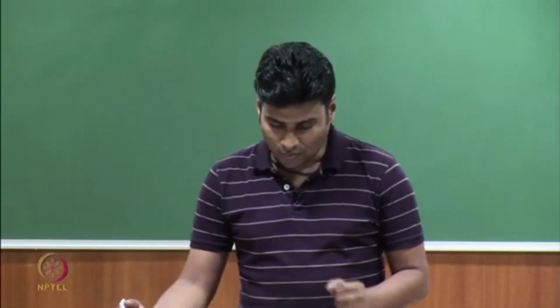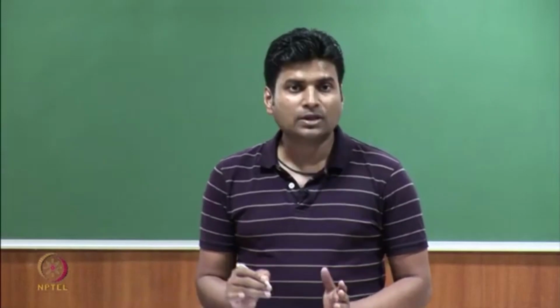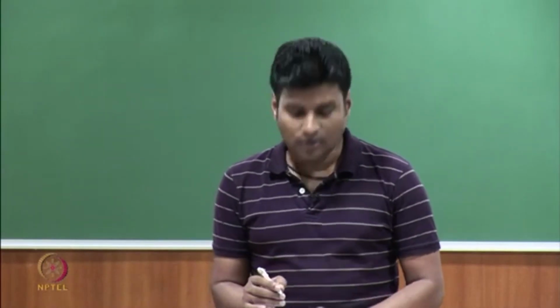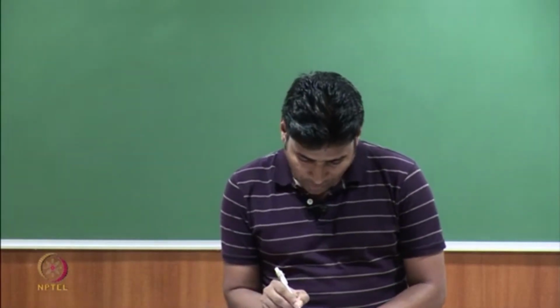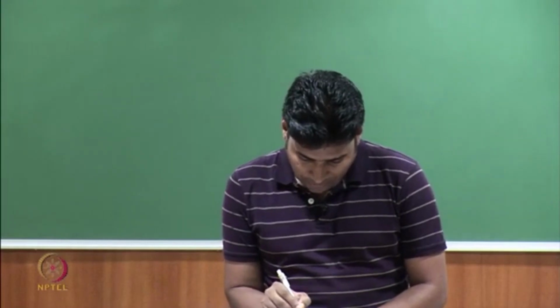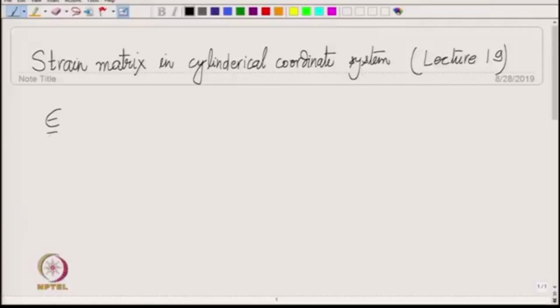All right. So, let us begin with the definition of the strain tensor. You can recall from the earlier lecture that the strain tensor is simply half of grad u plus grad u transpose.